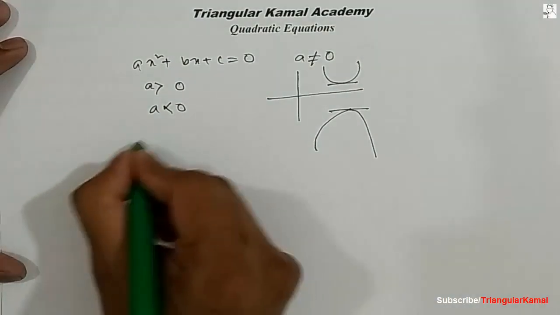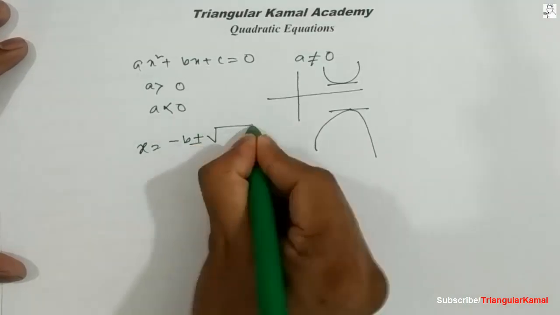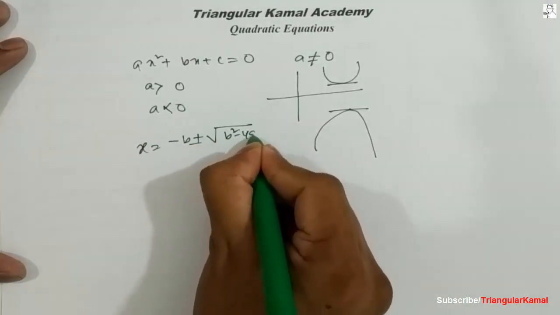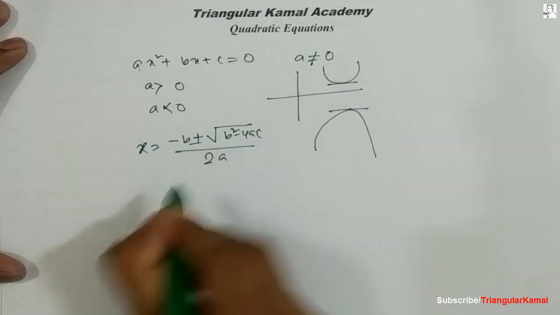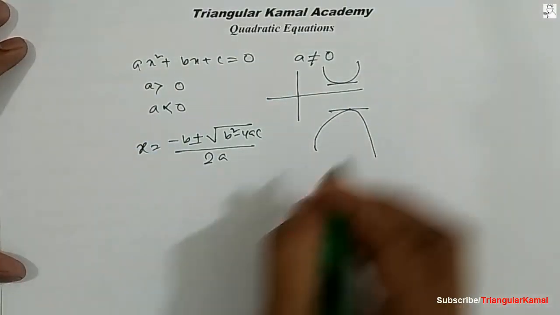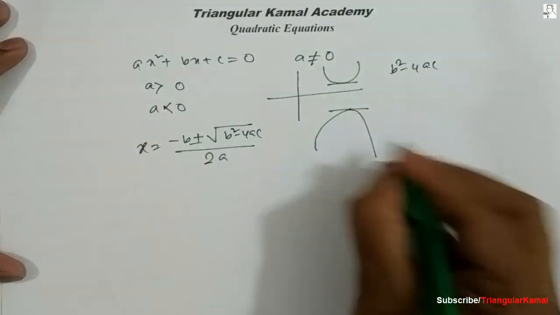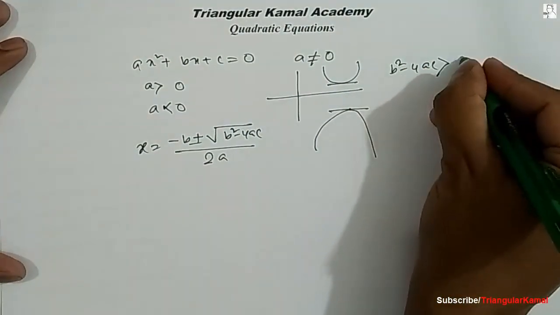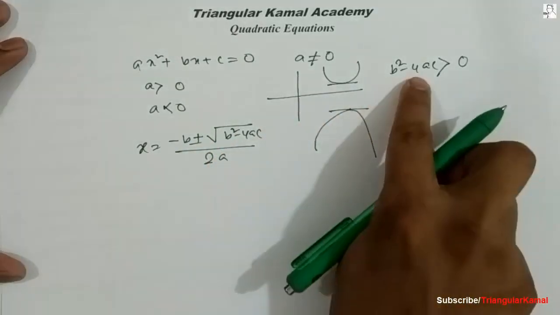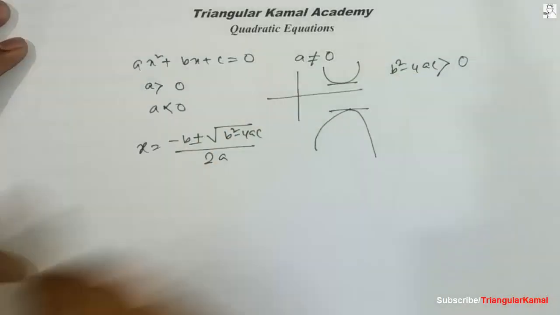The roots of the quadratic equation are minus b plus minus root over b square minus 4ac, divided by twice a, which are the two roots, and the discriminant of the quadratic equation is b square minus 4ac. When b square minus 4ac is greater than 0, we get two roots, and the roots are real and unequal, that is two distinct roots.